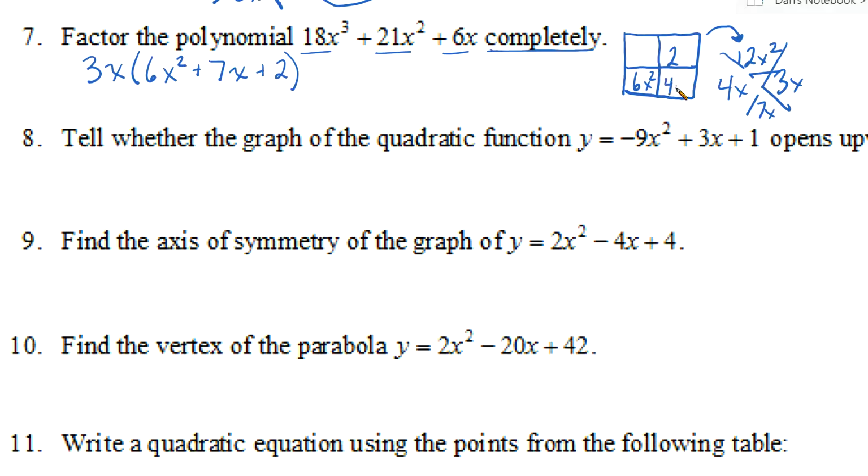So we can go 4x, 3x. Now we can see what we can take out of each row and column. I can take a 2 out of here, which means this has to be a 1, because 2 times 1 is 2. 2 times what gives me 4x? 2x. 2x times what gives me 6x squared? 3x. And that should give me my final factoring. I still have that 3x out in front, but now I have a 2x plus 1 and a 3x plus 2.